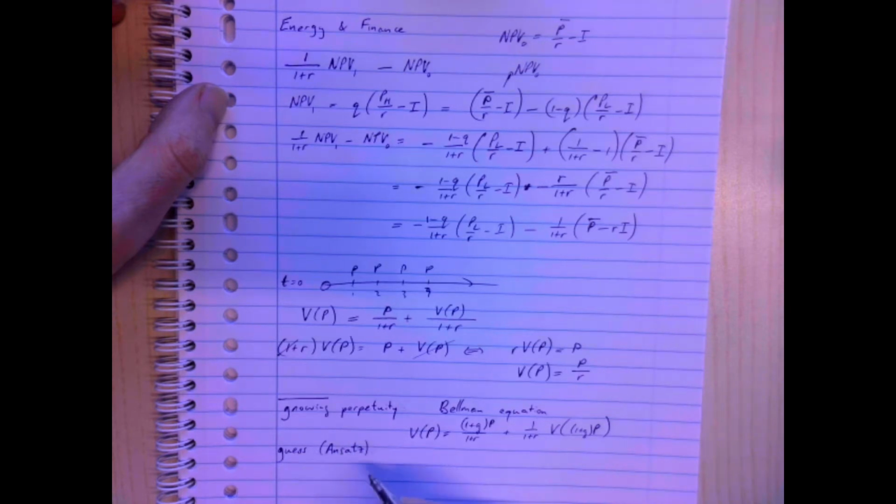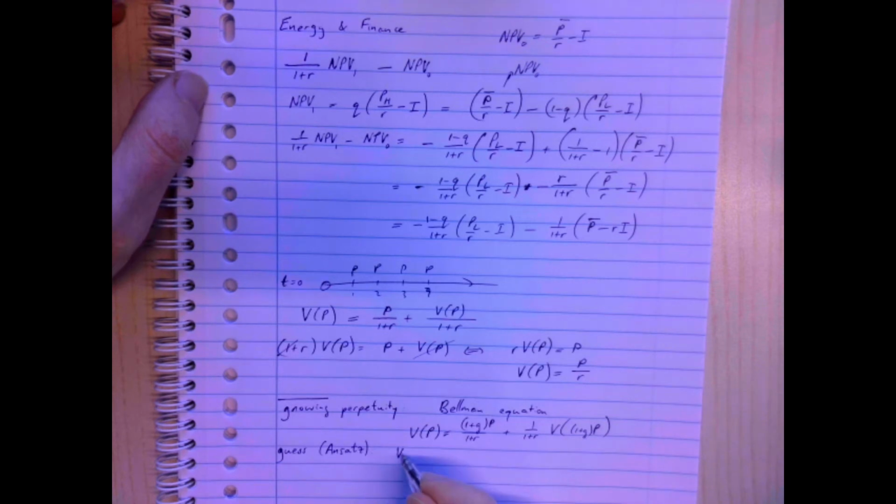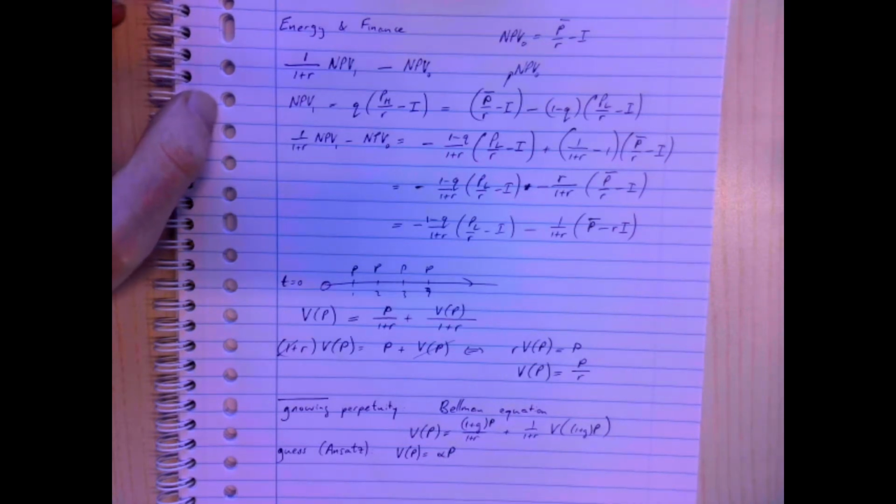We make an Ansatz, we make a guess that this V of P is actually linear. So it's some alpha, some number times P. That's a linear function, right?